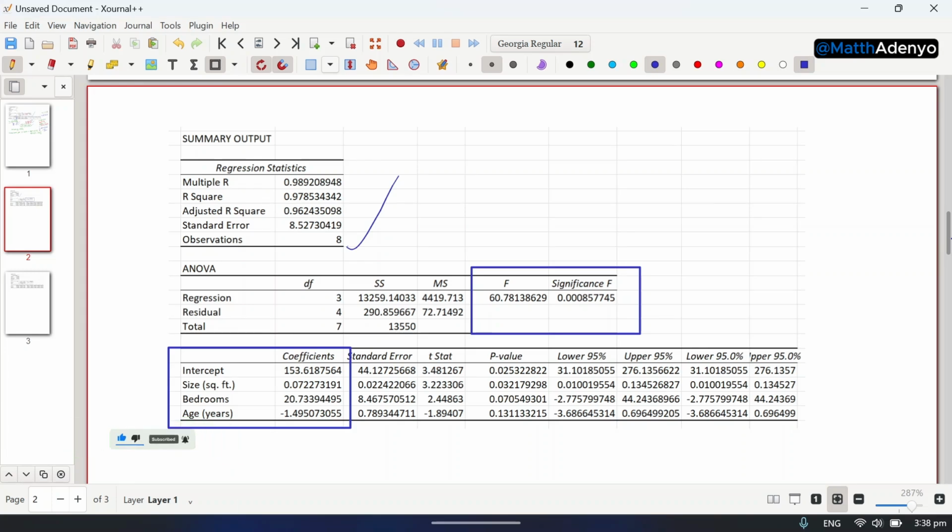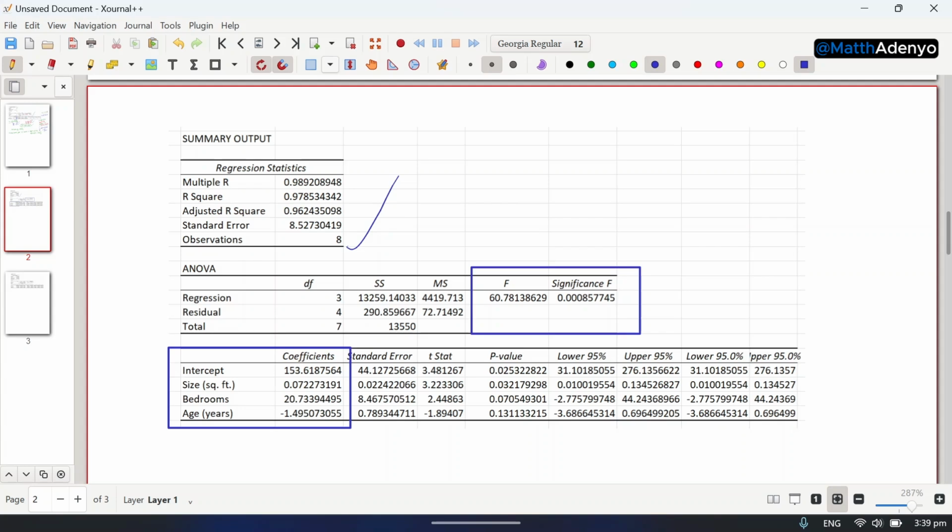So the first one that we have is the F statistics and then the p-value, which is the significance F. The F statistics is 60.78, which is okay.